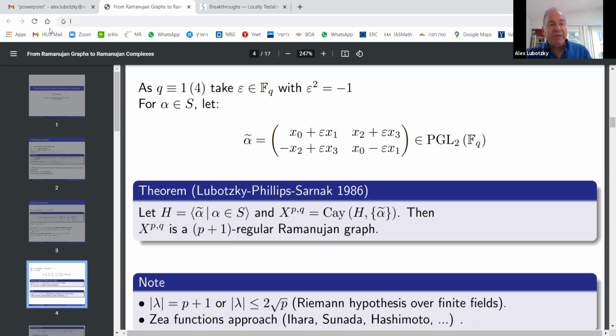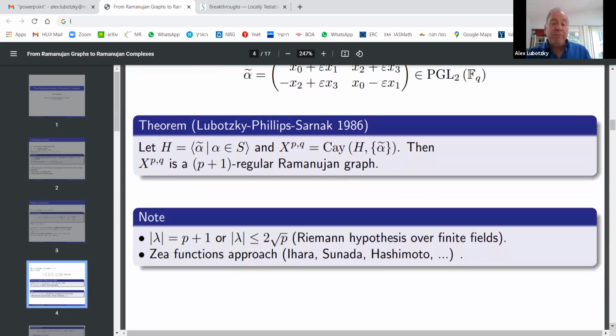Just maybe a little remark. What is the meaning that they are Ramanujan? The meaning is that every eigenvalue is either the trivial eigenvalue P+1, or minus (P+1) if the graph is bipartite, and by the way, this is bipartite if and only if P is a quadratic residue mod Q, or in absolute value is less than 2 square root of P. And in this seminar, you immediately remember this number from the Riemann hypothesis over a finite field.